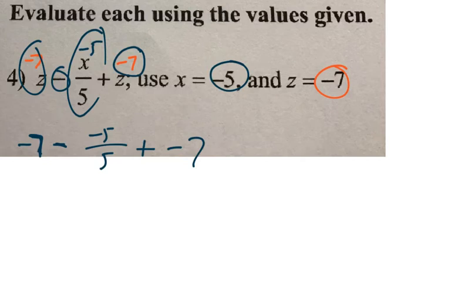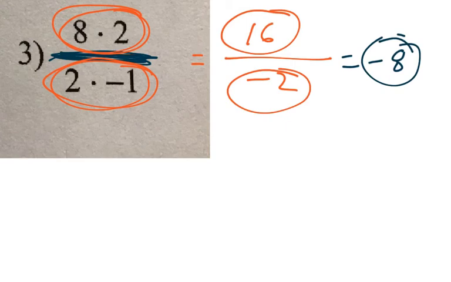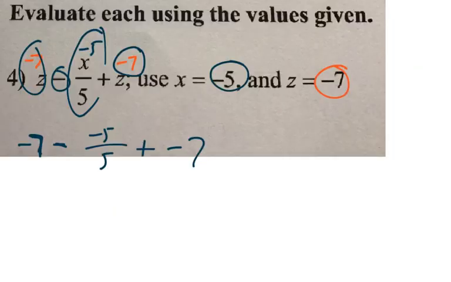Now, this problem is just like any of these other problems, right? So, do you guys agree? This time I have a minus, I have a plus, but don't forget I have a divide right in the middle. Which one do I do first?